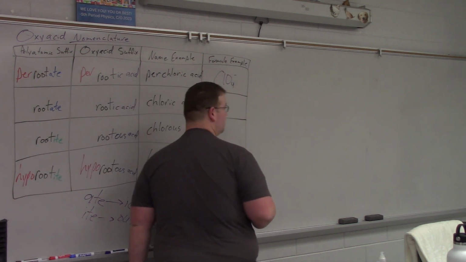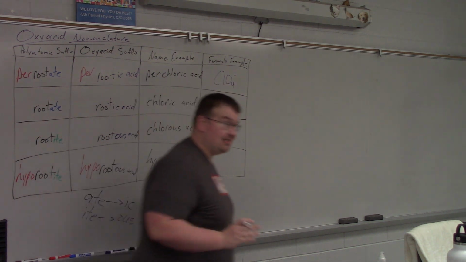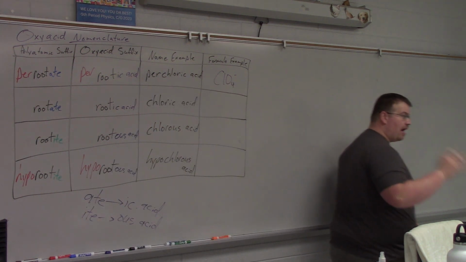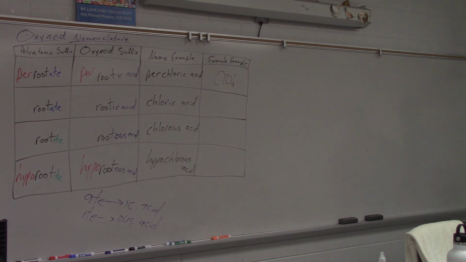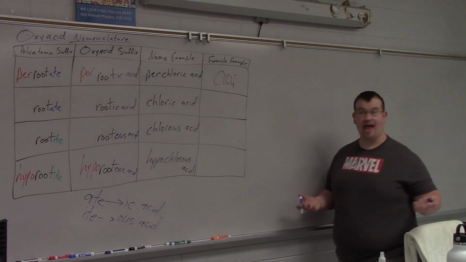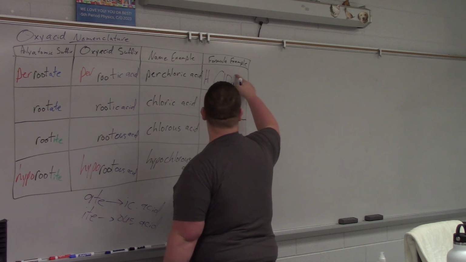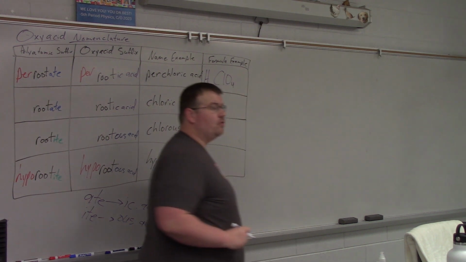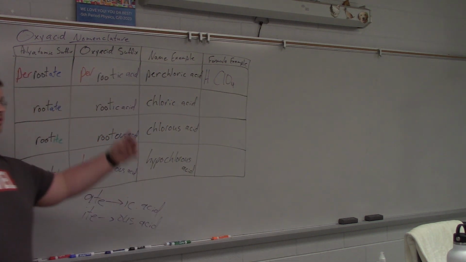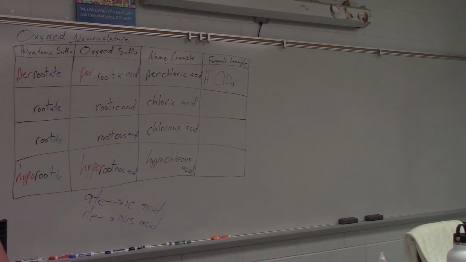ClO4 minus. Here's the thing with acids. They give off hydrogen. So if we go to an acid, all we have to do is add hydrogen to the front, and the charge tells us how many hydrogens to add. So I add hydrogen, it's a -1. Now the negative goes away because the hydrogen balances out the charge.